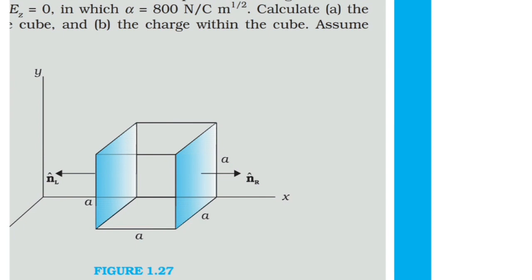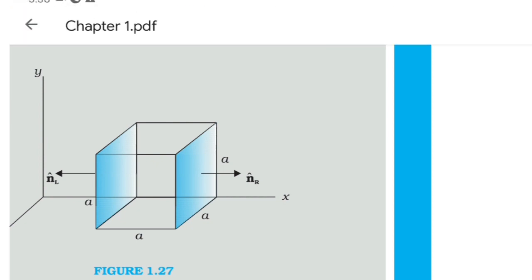You can imagine the cube to be kept like this itself. But the electric field is different. The electric field is uniform here, but in that example question it was not uniform. So the thing is this: what flux enters the cube through the left side will leave the cube through the right side.